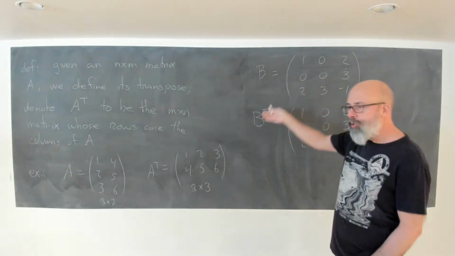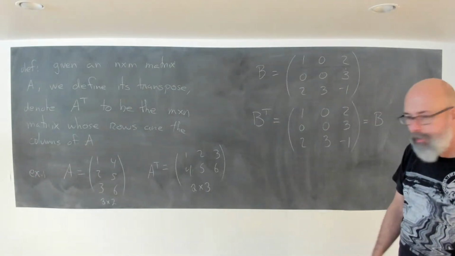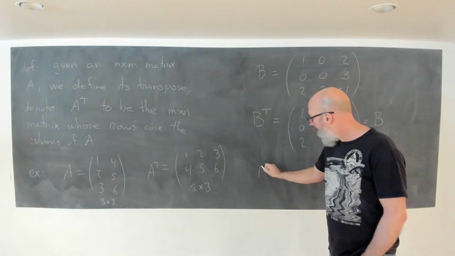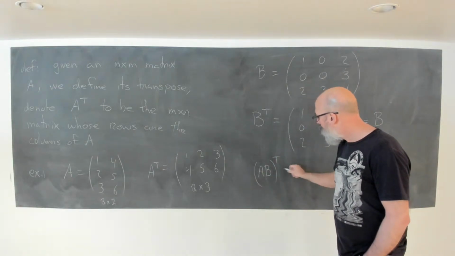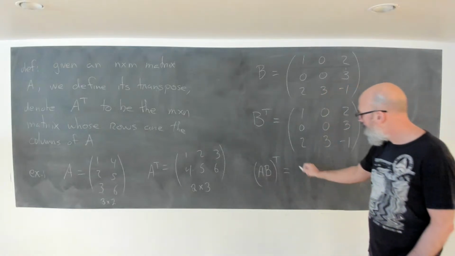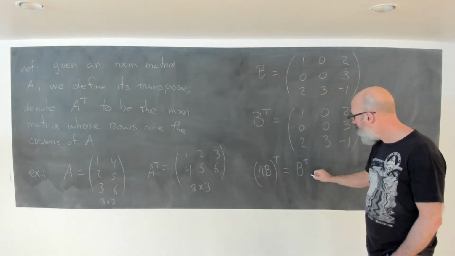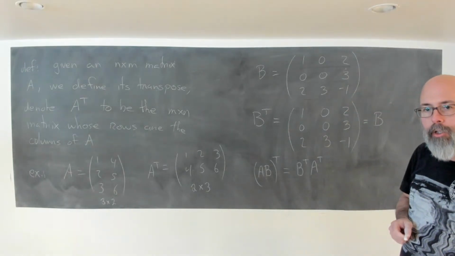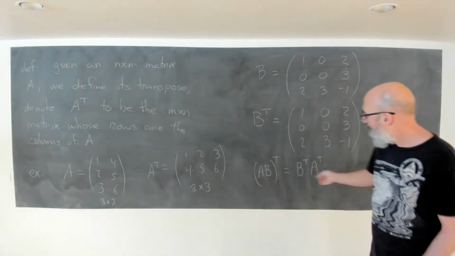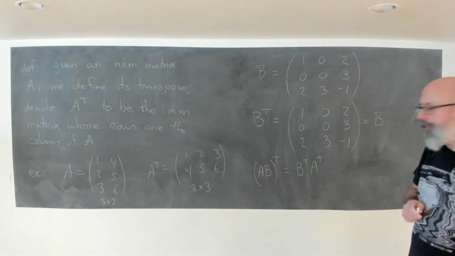So, the transpose has some nice properties. Namely, if you have two matrices, the transpose of a product is the product of the transposes in the reverse order. Very much like the inverse.